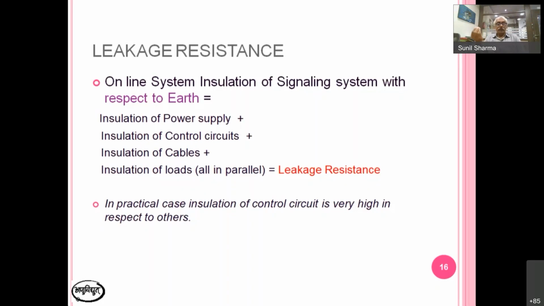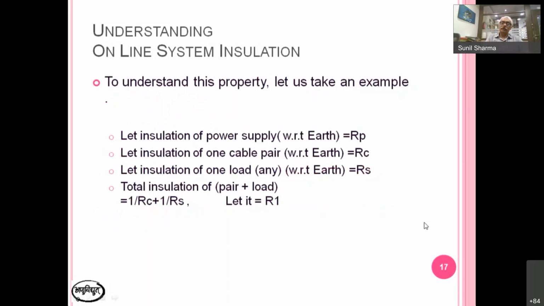In control circuitry, the insulation is very high. In a parallel condition, if one value is very high, it will have no effect, so we can forget it. For example, I have taken these three things: power supply, cable, and load.